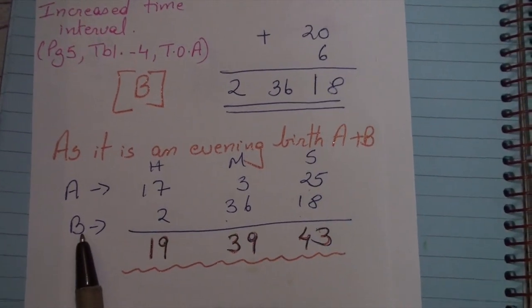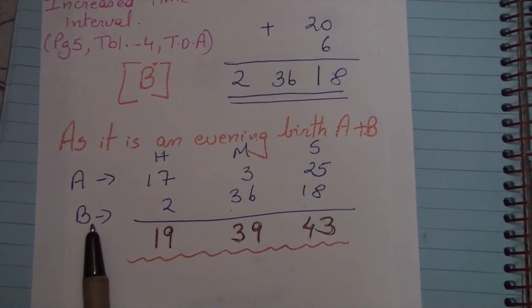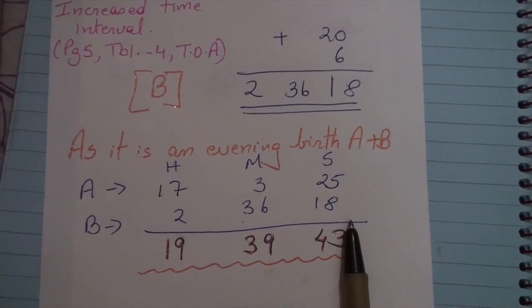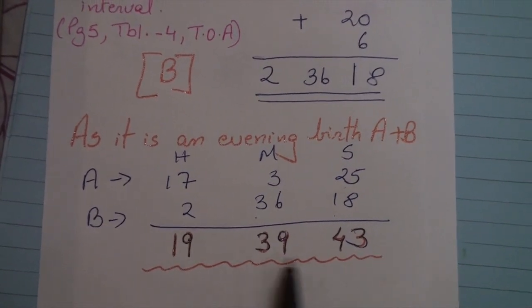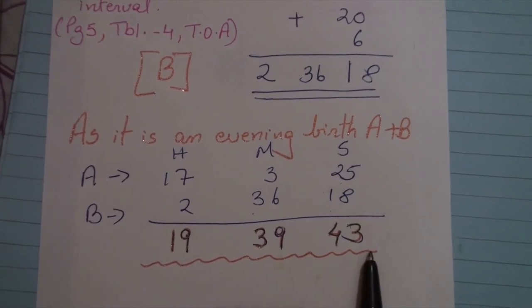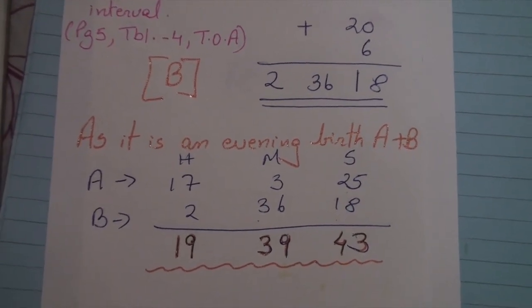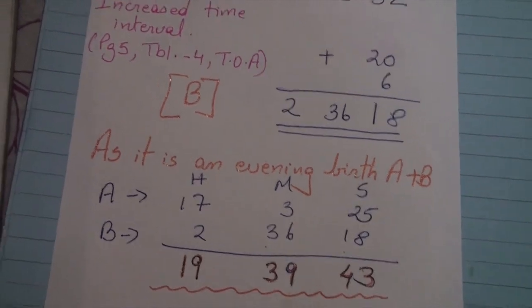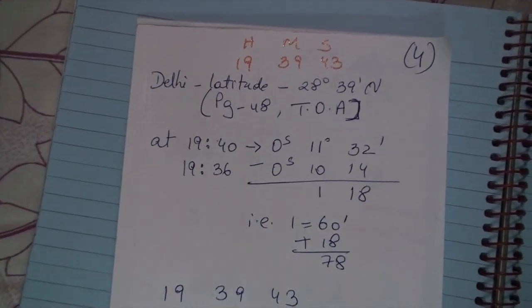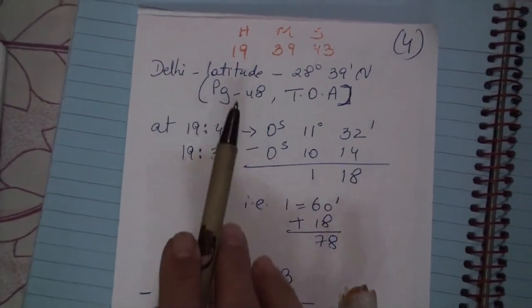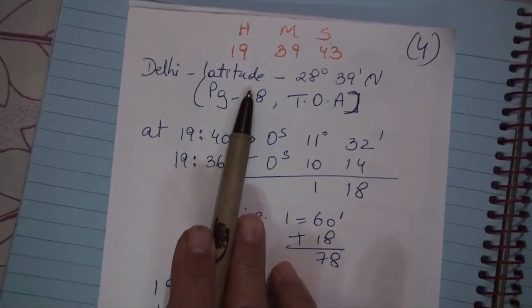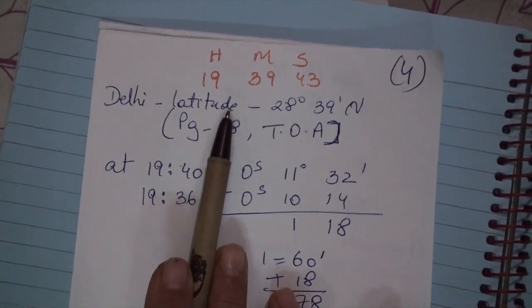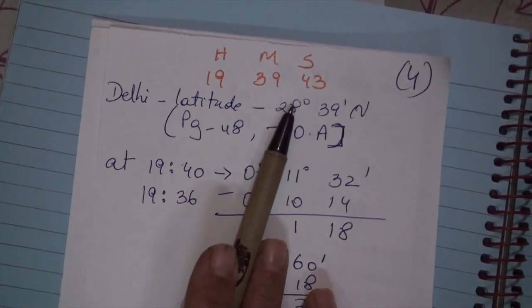To this we add the B value, 2 hours 36 minutes 18 seconds, and thus we get a sidereal time value which is 19 hours 39 minutes 43 seconds. The sidereal time derived before by adding value A to value B is 19 hours 39 minutes 43 seconds.